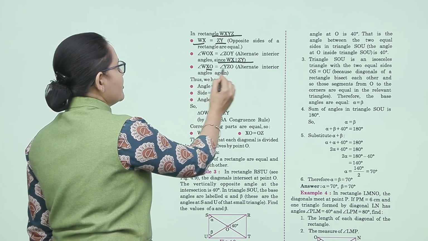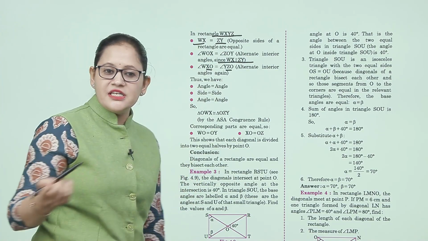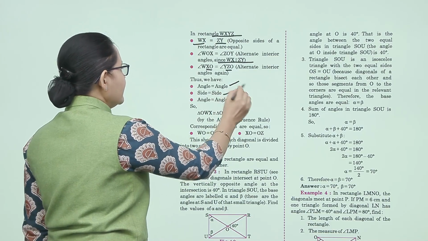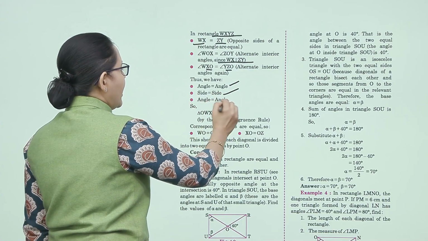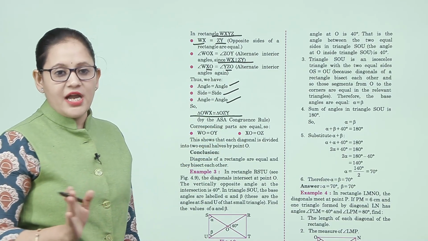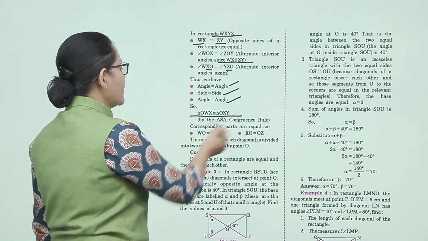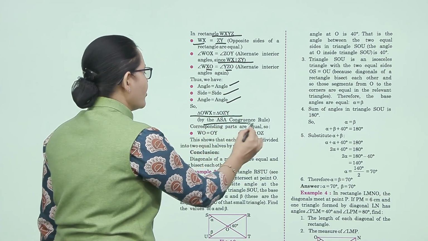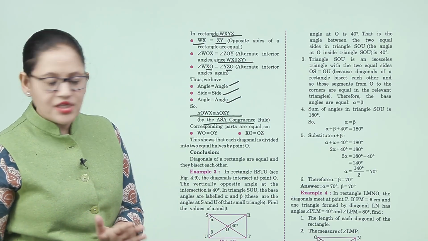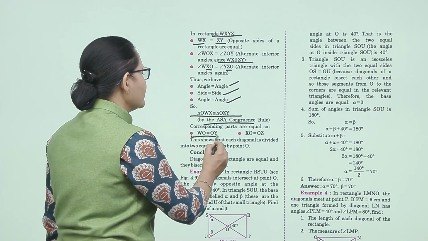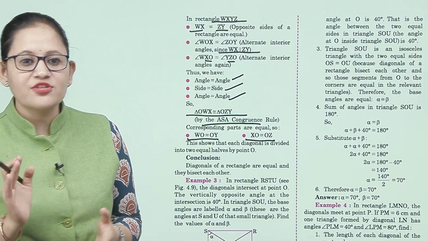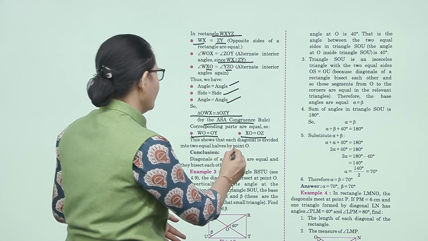Angle X is equal to angle Z, alternate interior angles again. Thus, the angles are the same and the sides are the same, so the two triangles OWX and OZY are congruent by the ASA congruency rule. In congruent triangles, the corresponding parts are also equal, so WO equals OY and XO equals OZ. This shows that each diagonal is divided into two equal halves by the point O.